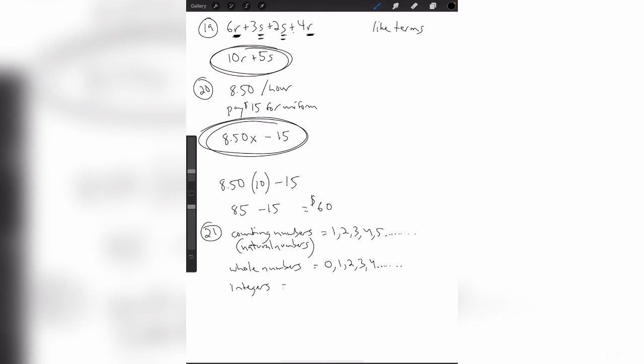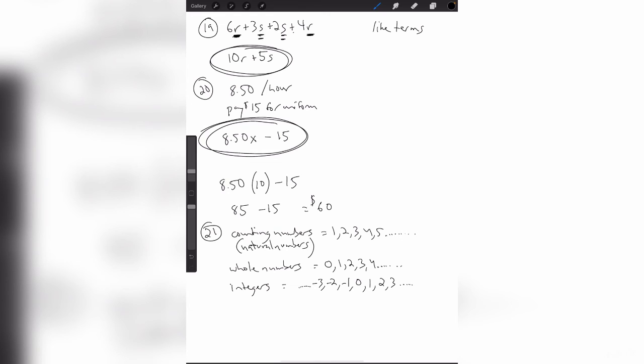Integers are really the same as counting numbers and whole numbers, but you now also include negative numbers. So you start all the way from negative infinity, and you can go negative 3, negative 2, negative 1, 0, 1, 2, 3, and it just keeps going on and on. So integers can be positive and negative.